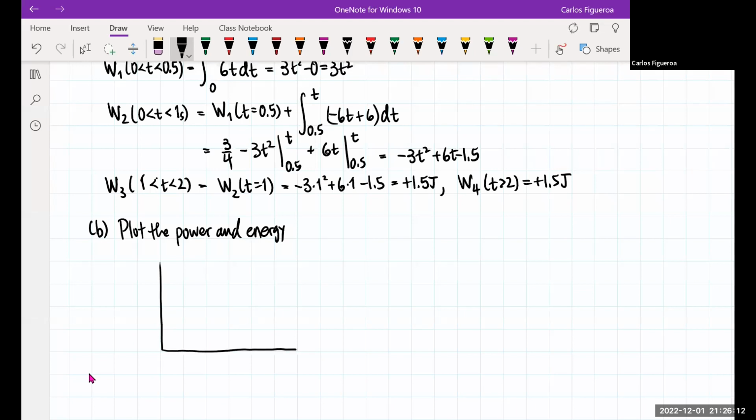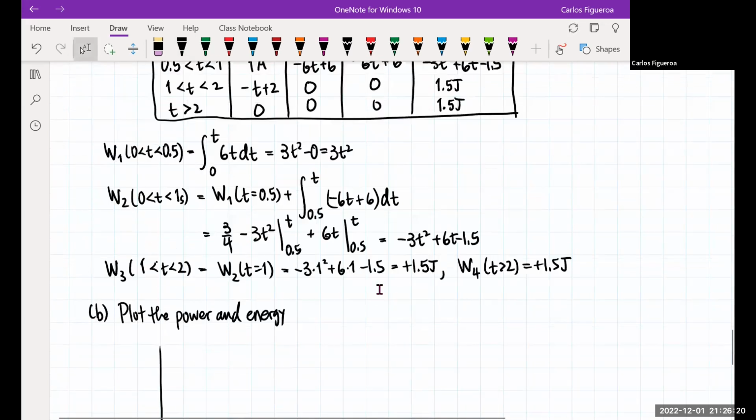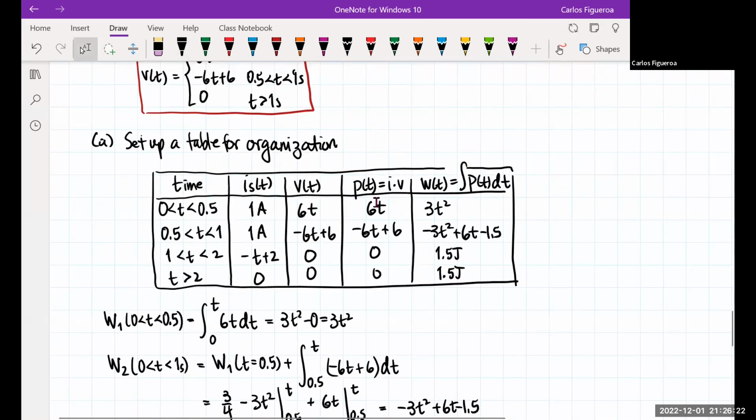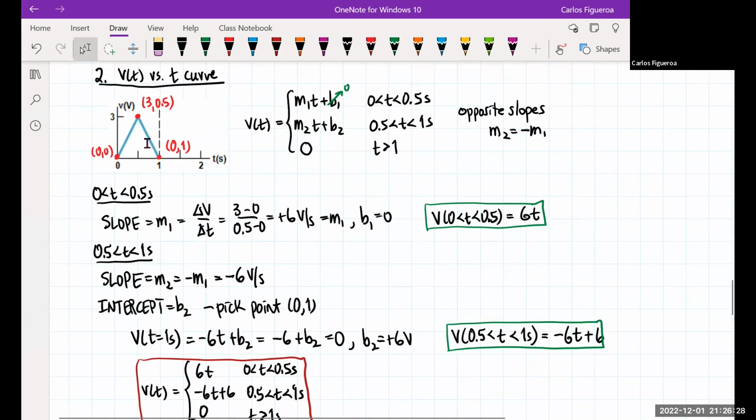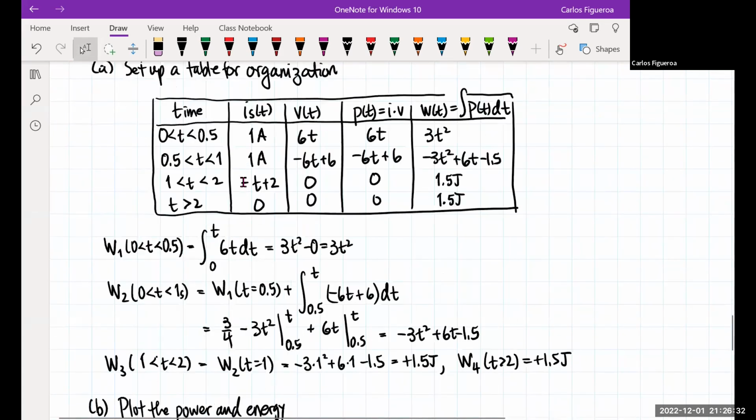And I'm going to set my time at 0, half a second here, and this is 1. So note that the voltage looks just like the power. It's the exact same curve as up here. It looks exactly the same. The only thing that's different is that it has different units.